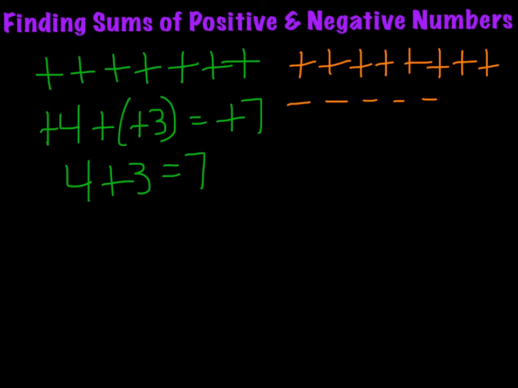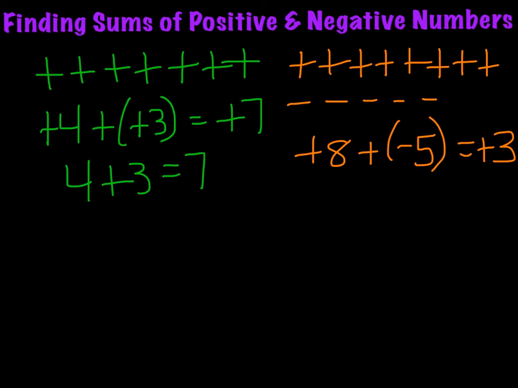The account balance is now $3. Here is what this looks like in a number model. Positive 8 plus negative 5 equals positive 3.